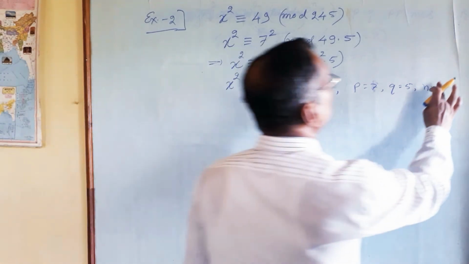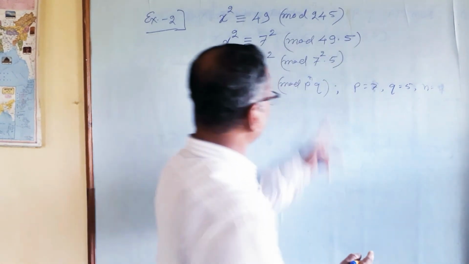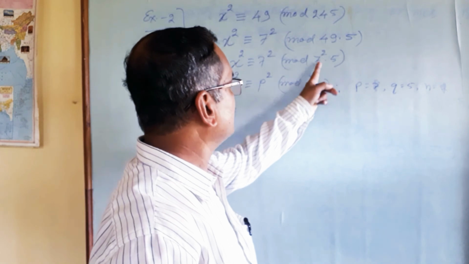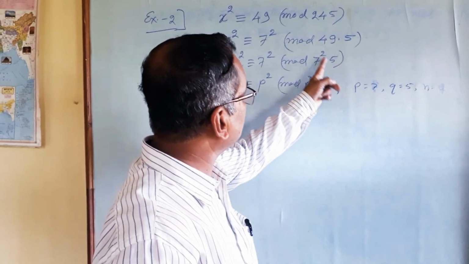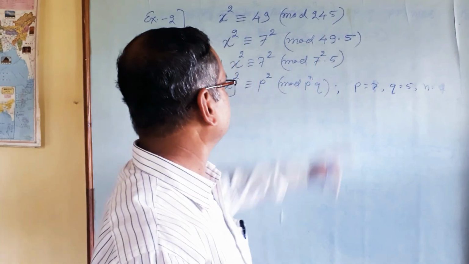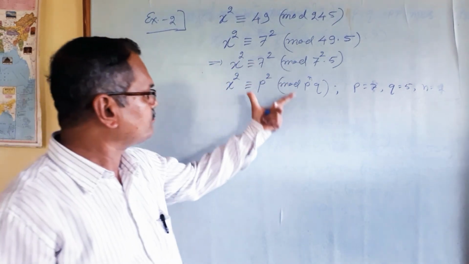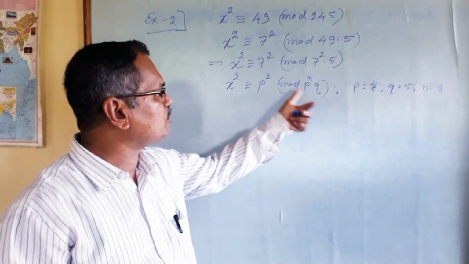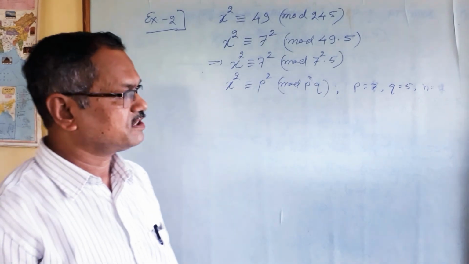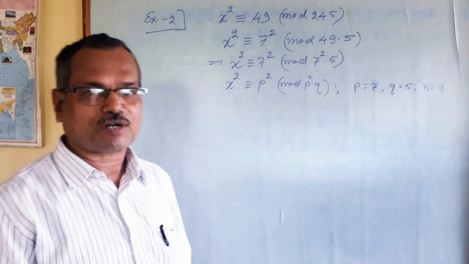Not n equal to 2. n is equal to 2. We have 7 square. p equal to 7, q equal to 5 and n equal to 2. That is, it is of this type, x square congruent to p square mod p power n q. So here also you can use the Roy formulation.